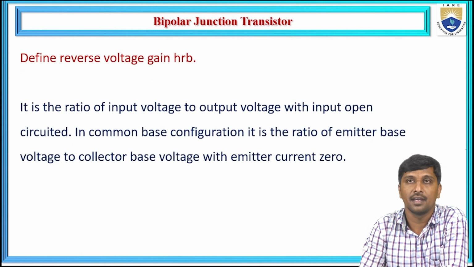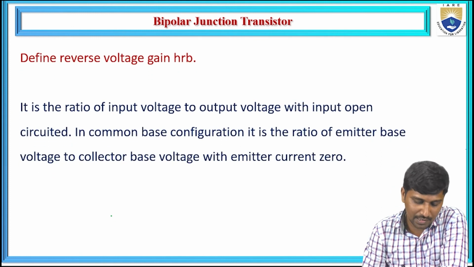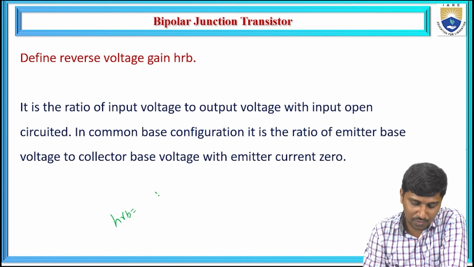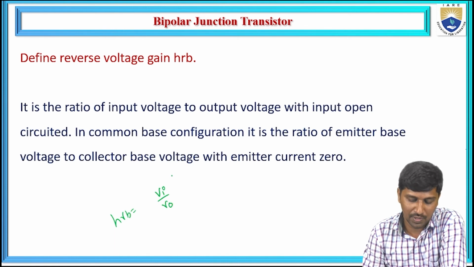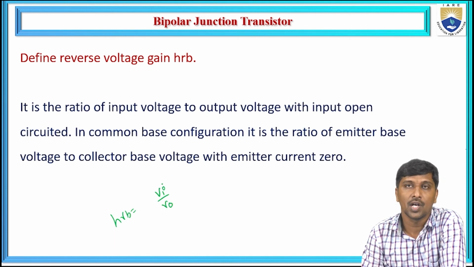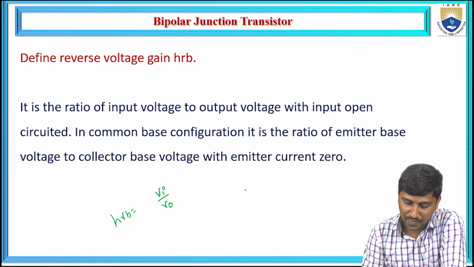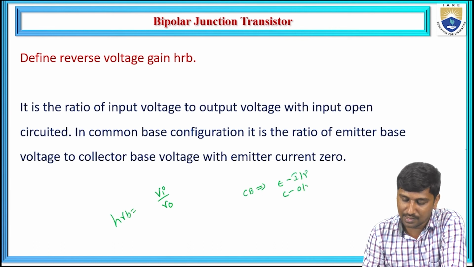Now define reverse voltage gain, HRB. Reverse voltage gain is the ratio of input voltage to output voltage, VI by V0. In common base configuration, the emitter acts as the input terminal and the collector acts as the output.